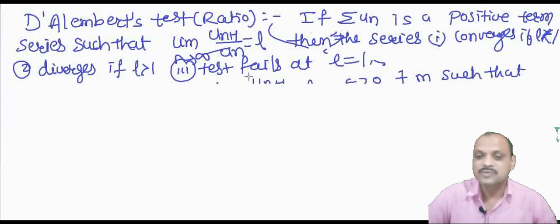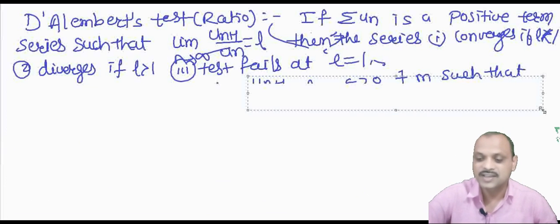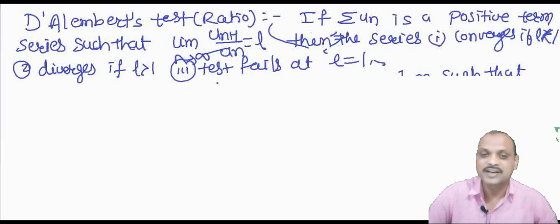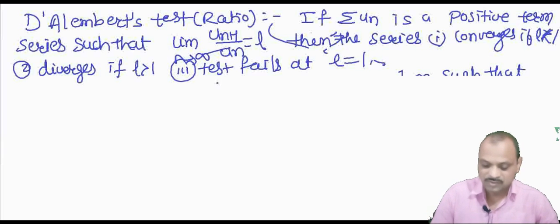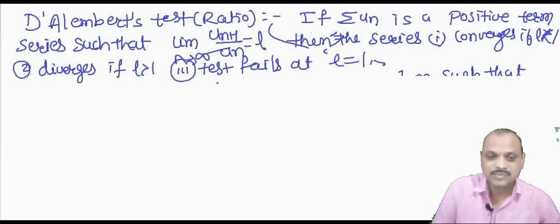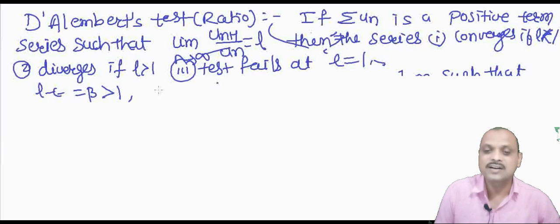Similarly, here we choose epsilon such that L minus epsilon is greater than 1. So we take L minus epsilon equal to beta, and beta is greater than 1.